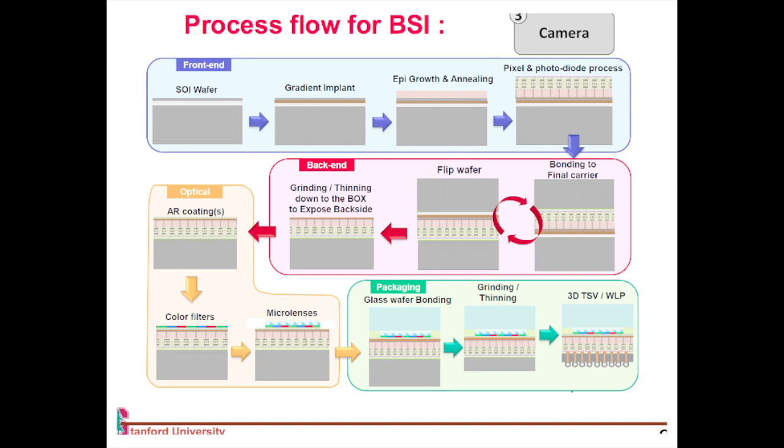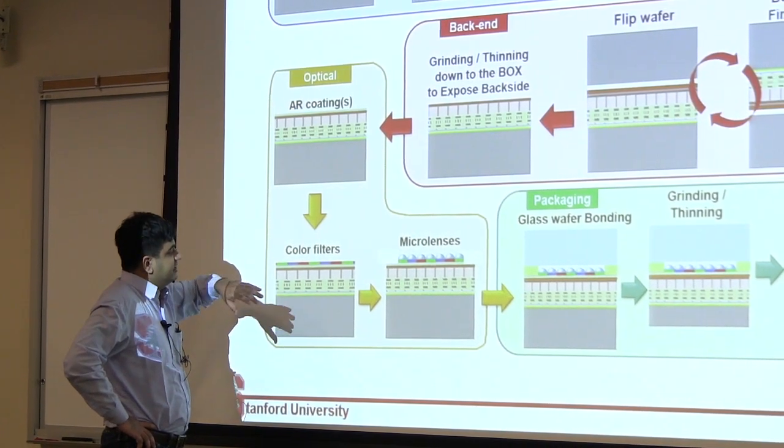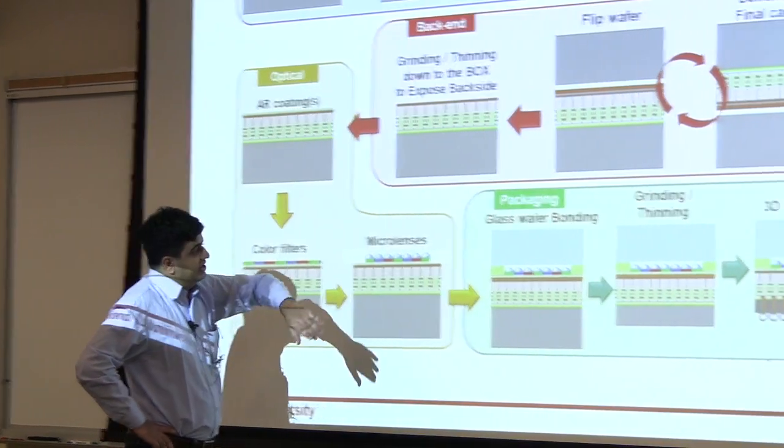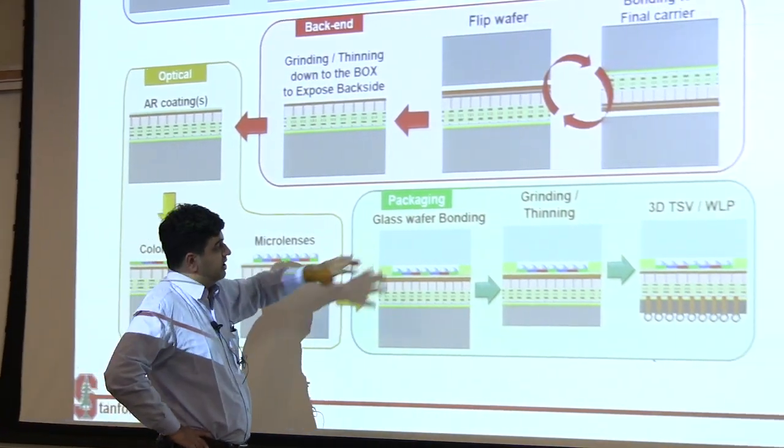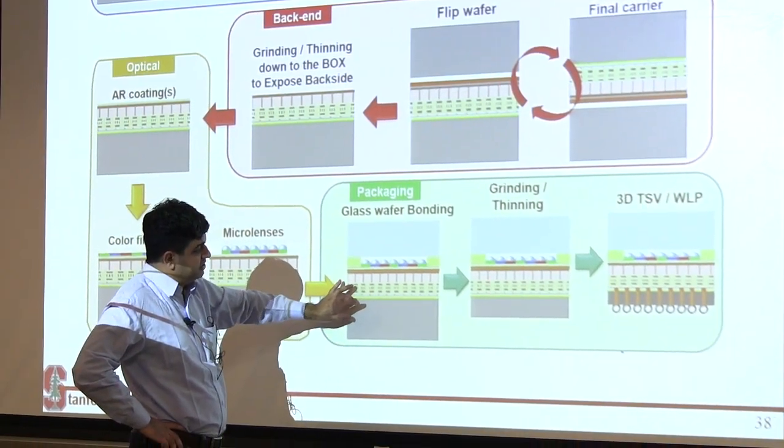Now you're left with this silicon facing the top. Then you put your anti-reflective coatings, color filters, micro lens, and a glass on the top. And then you thin down this handle wafer.